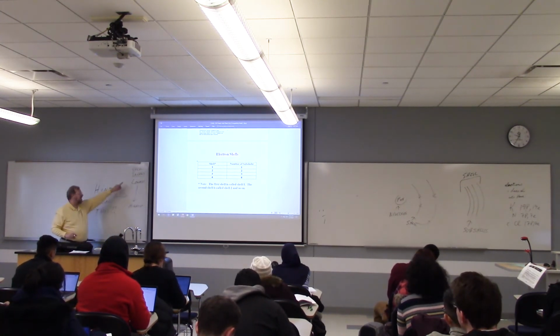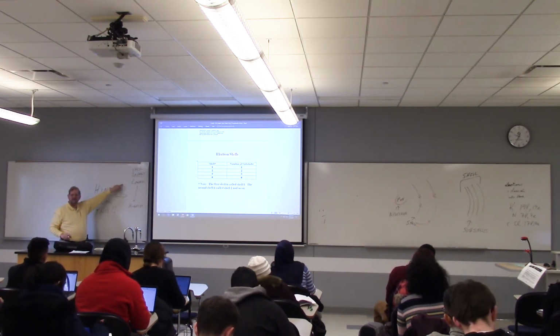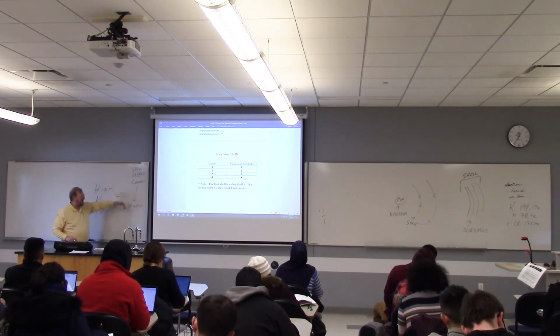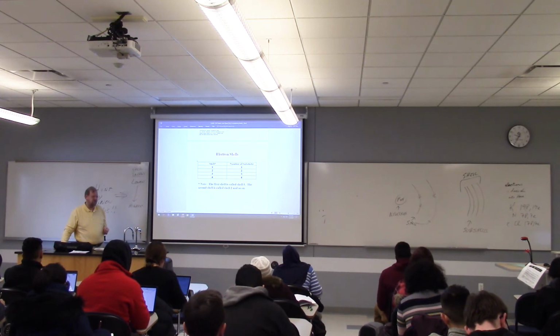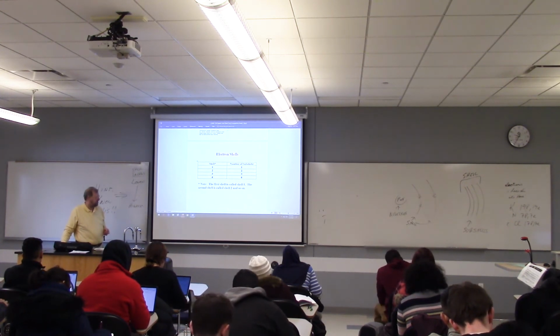Shell 1 has the lowest energy. The higher the shell number, the higher the energy. And you'll see this is important for where the electrons are.